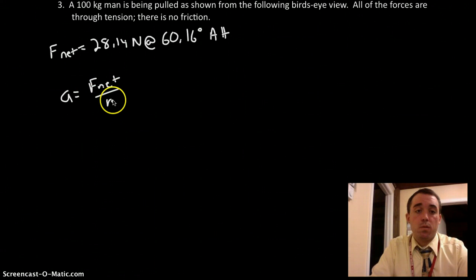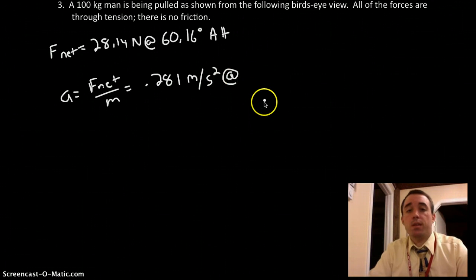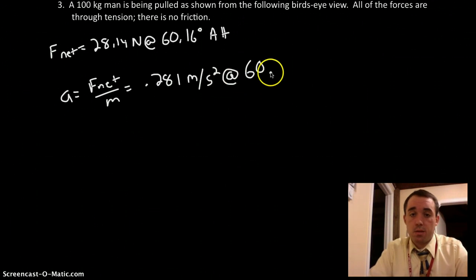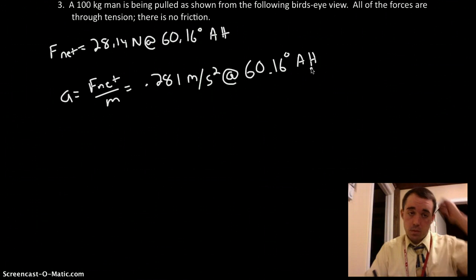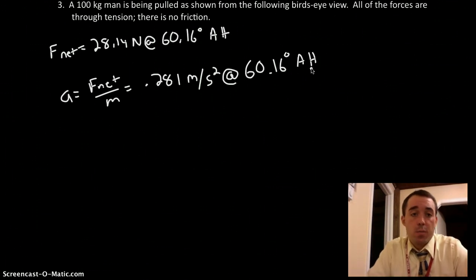So we have to divide the mass. Mass is 100 kilograms. So I can do that in my head. 28.14 over 100 is 0.281. We'll go to 3 decimals. Meters per second squared. Whatever the direction of the net force is the same direction as the acceleration. 60.16 degrees above horizontal. There you go. Our mass was 100, so 28.14 over 100 gives you the 0.2814 if you want to keep an extra decimal. Acceleration has units meters per second squared, and we're good to go.